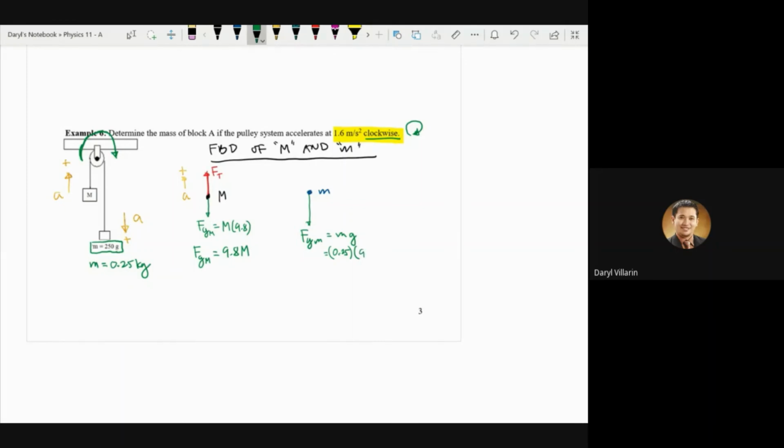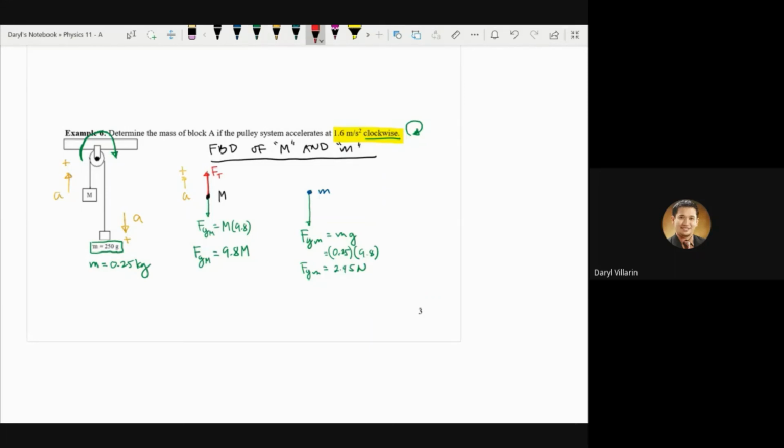And Newton is, again, a result from kilogram multiplied by meters per second squared. So I'll get here Fg small m is equal to around 2.45. Again, I'm not rounding off anything yet here.